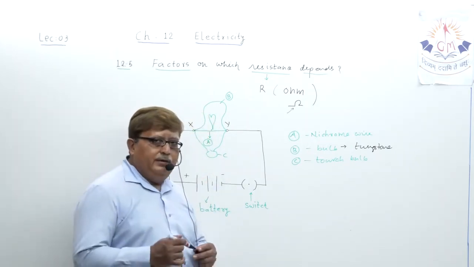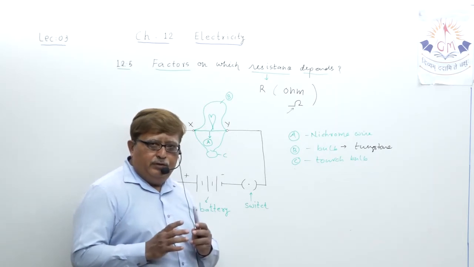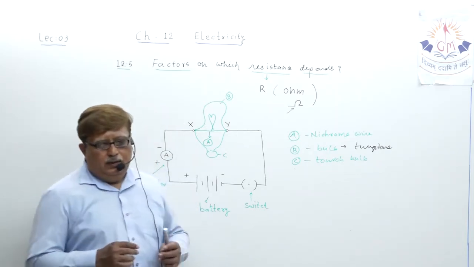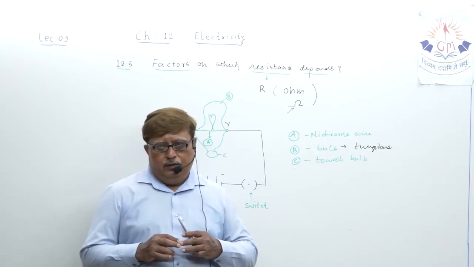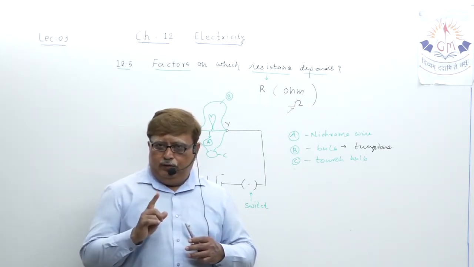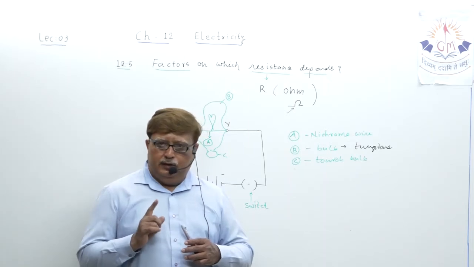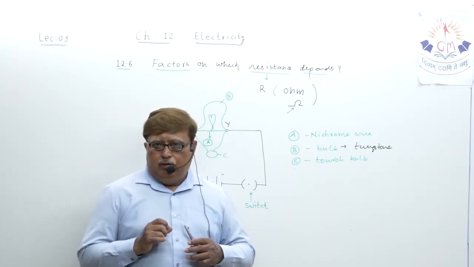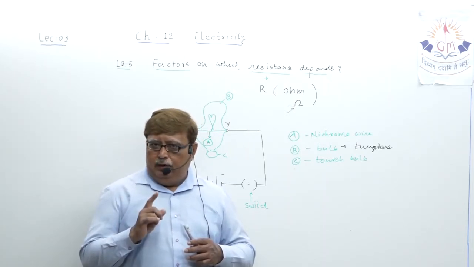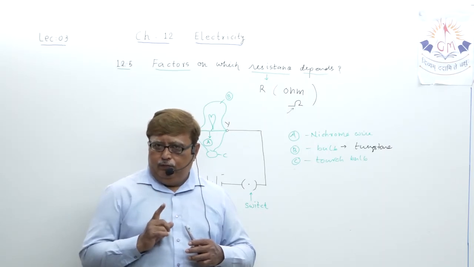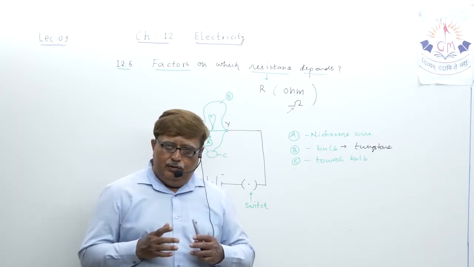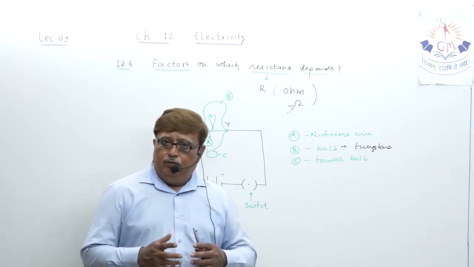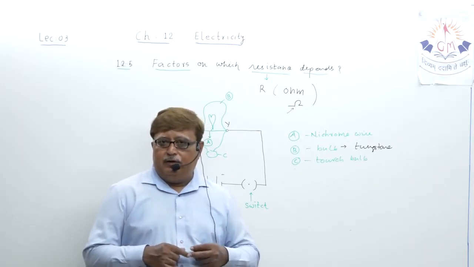And whenever I try to fill this gap by these three devices, and every time I record the observation in the ammeter of the electric current, I am able to find variation in the electric current.